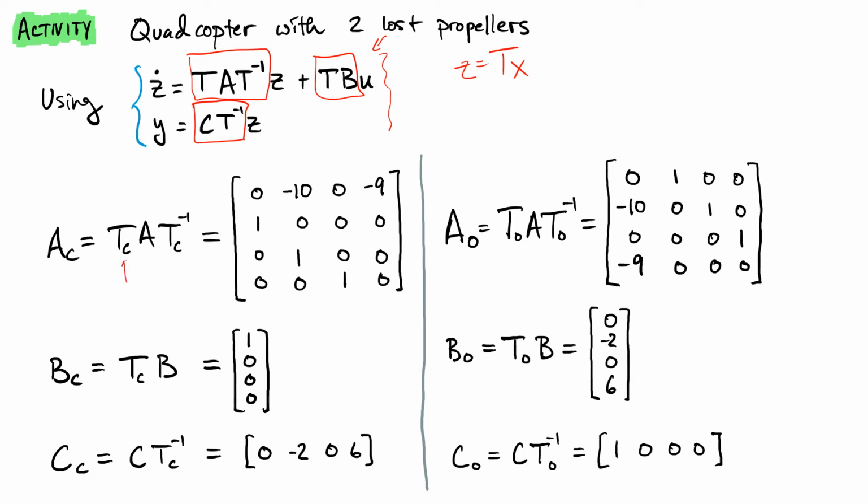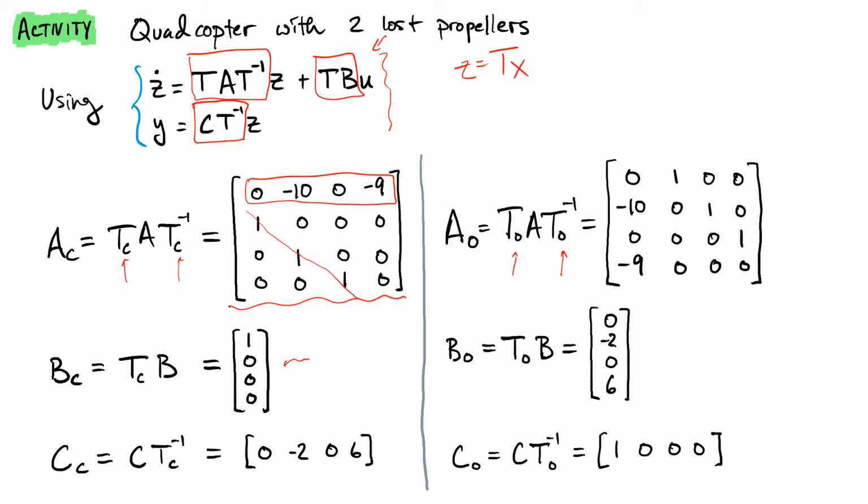We explicitly calculated TC and we explicitly calculated TO, and so now we're going to have to calculate TO inverse and TC inverse in order to do the rest of this calculation. Again, you can go through those calculations, just a bunch of matrix multiplications, to get this as your new matrix in controllable canonical form. You can see that you've got the ones on the off diagonal, and you've got all of the other dynamical information in the first row.